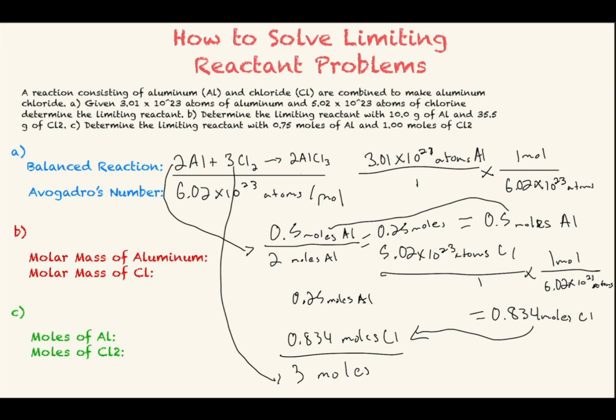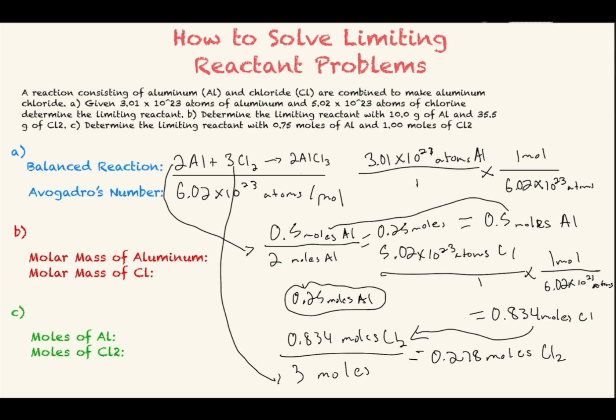Just give me 1 second. So 0.834 divided by 3, that's just going to equal 0.278 moles of chlorine.